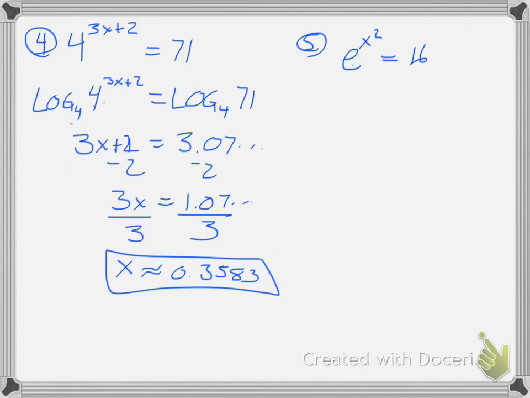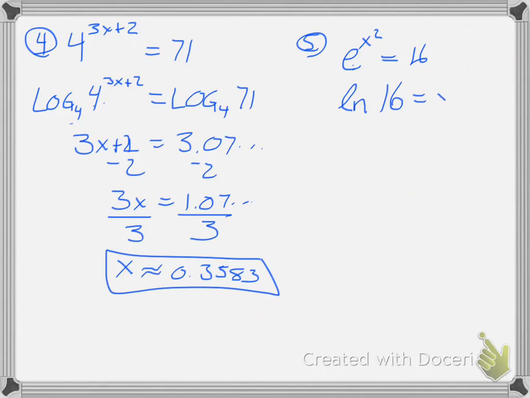You can take the log of both sides with the base of whatever the base is in order to basically cancel out that exponent, or you can just change it to the log form. So for this next one, e raised to the x squared is equal to 16. Because it's e, what I'm going to do is change it to log form, and log with base e is going to be the natural log.